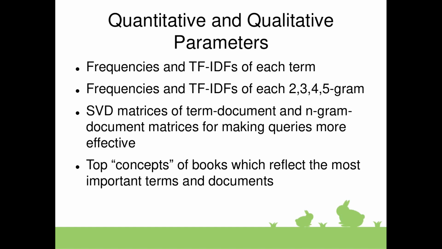We calculate quantitative and qualitative parameters: frequencies and TF-IDFs of each term, frequencies and TF-IDFs of each n-gram, singular value decomposition for making queries, and top concepts for each book, which reflect the most important terms and documents.